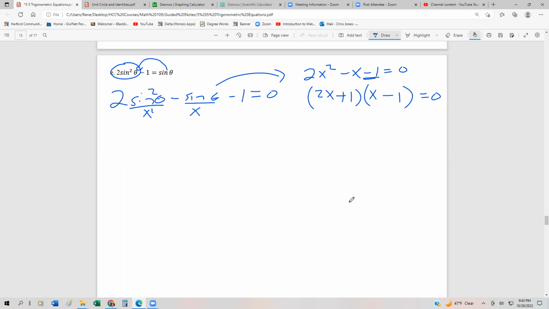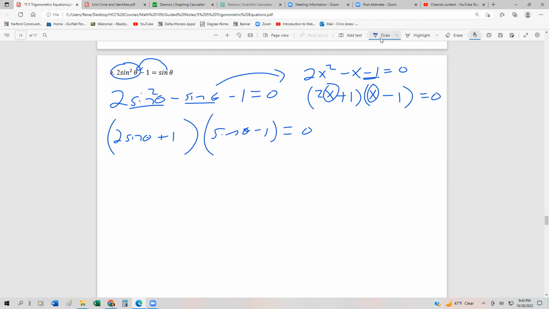Okay, and so what I could do is replace x with the sine function. This expression, 2 sine squared theta minus sine theta minus 1 equals 0, can be written as the quantity 2 sine of theta plus 1 times the quantity sine of theta minus 1 equals 0.